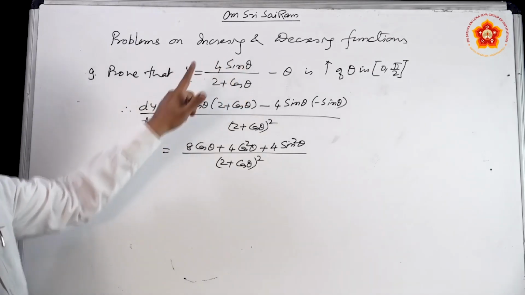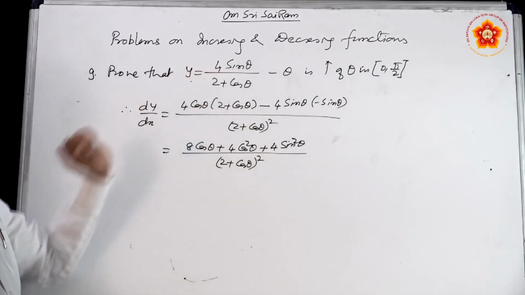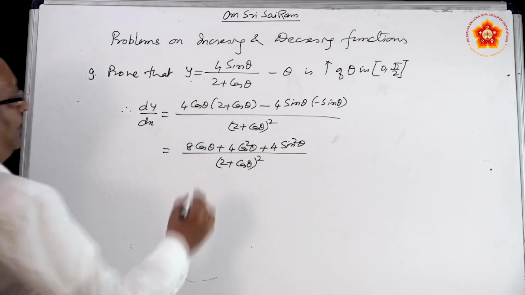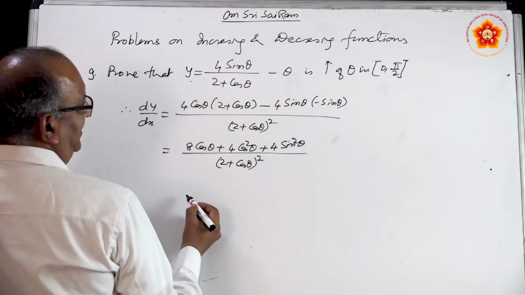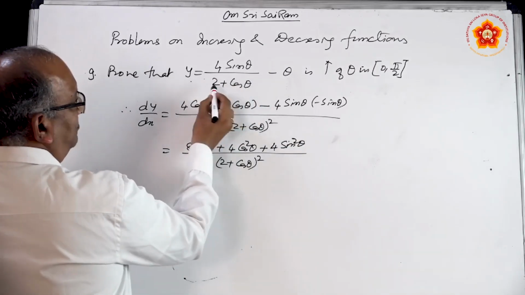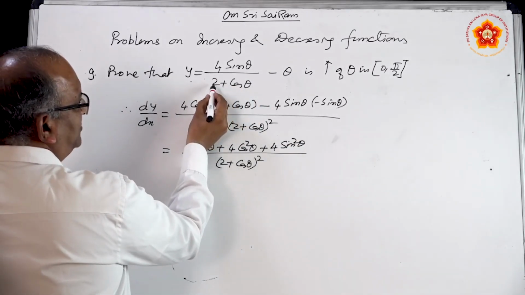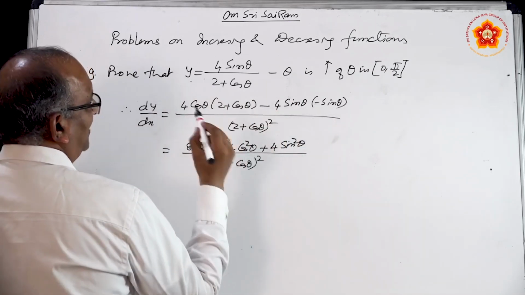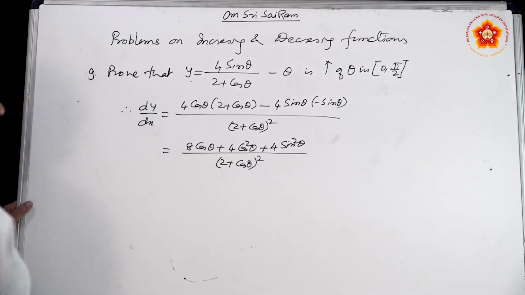Derivative of numerator is 4 cos theta into denominator, minus numerator, that is 4 sin theta, into derivative of 2 plus cos theta. Derivative of 2 is 0, derivative of cos theta is minus sin theta. So, minus into minus makes it plus, and it is 4 sin square theta.